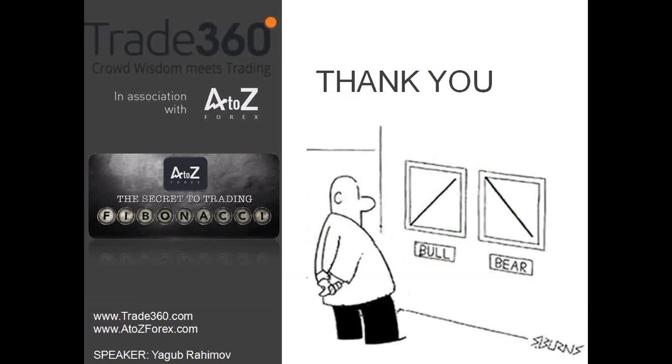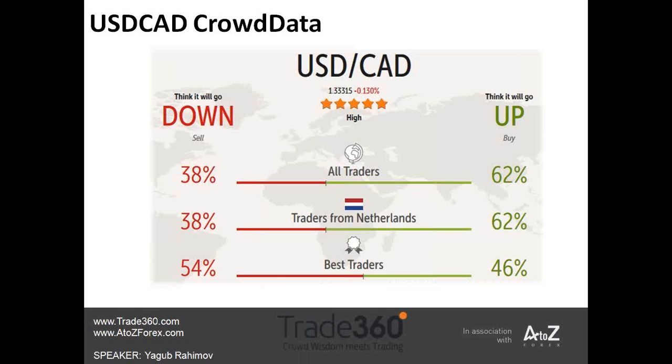This is it so far for today's webinar. You can go ahead and register on Trade 360 as well to be able to see this kind of crowd data. It's very beneficial for you, especially to look for the 70 level, 75 level for the best traders.